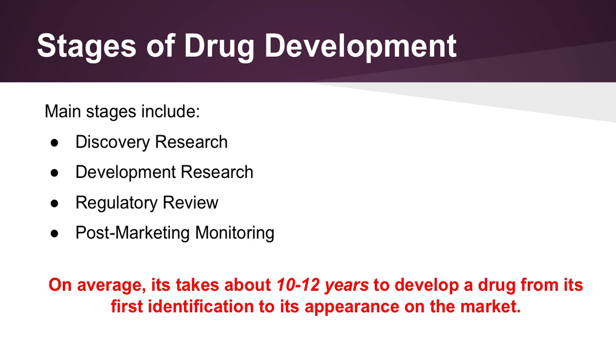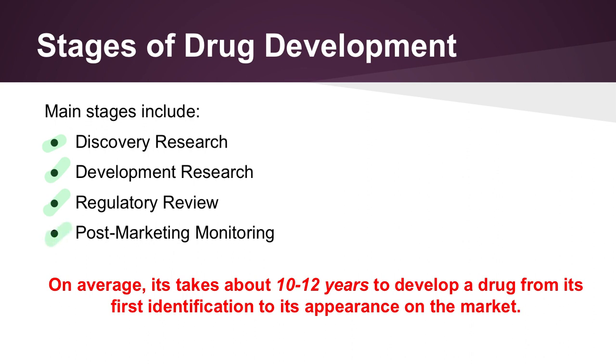Now, in terms of how medications or pharmaceutical products get to market, there's four main stages of drug development. They're discovery research, development research, regulatory review, and then ongoing is post-marketing monitoring.